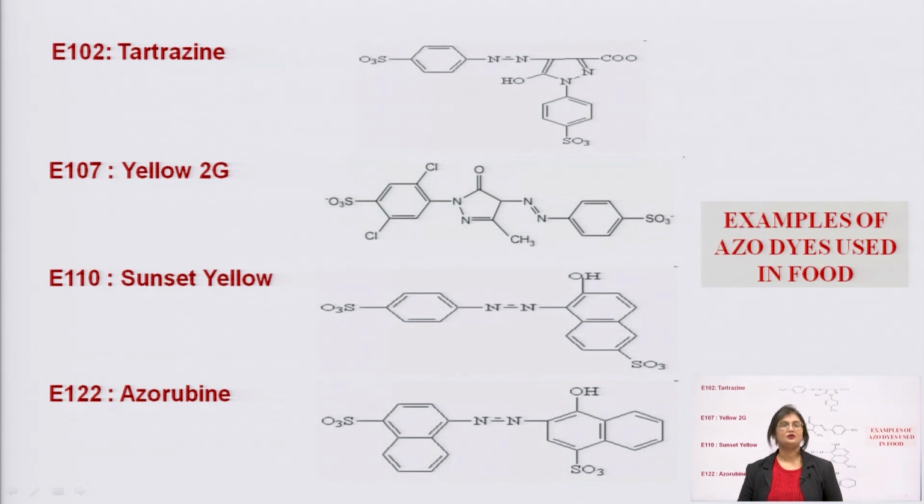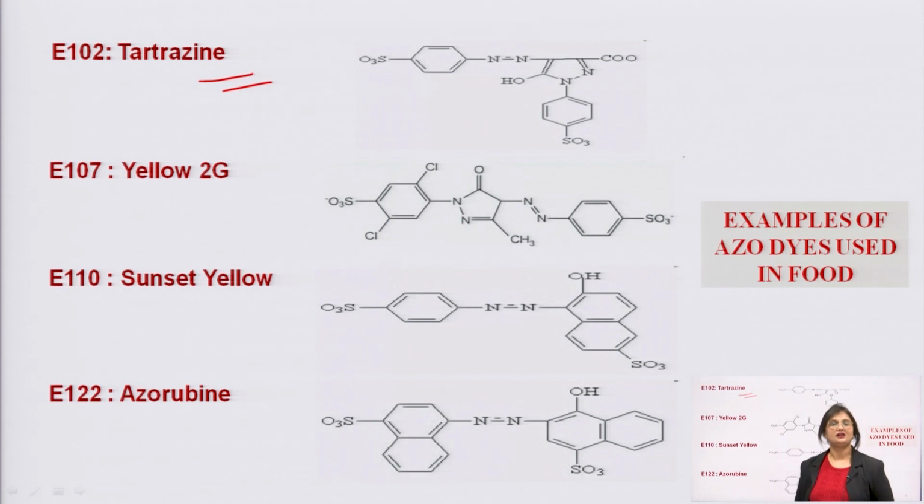Now, here we have described the structure and we have named a few of the azo dyes. These are the examples of the azo dyes which are safe to use and are used in the food industry. Number 1, tartrazine. This is the azo chain.